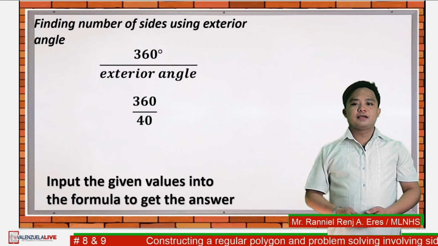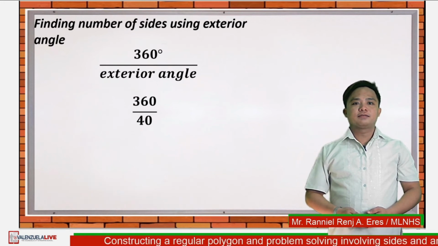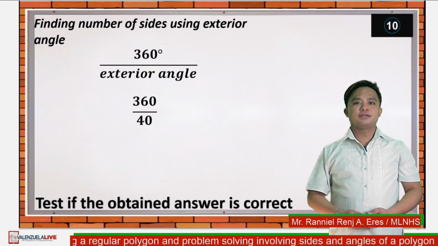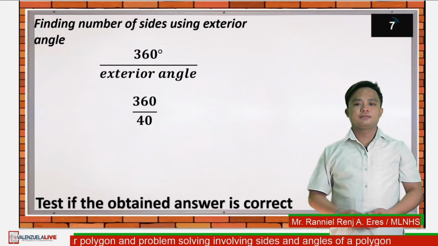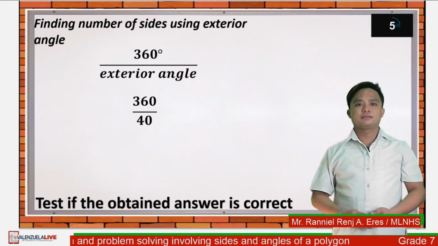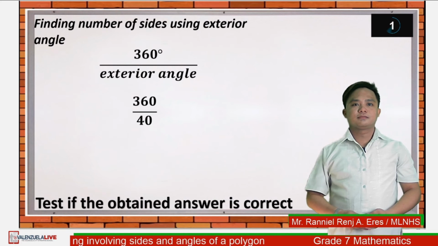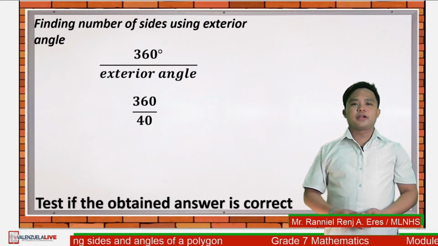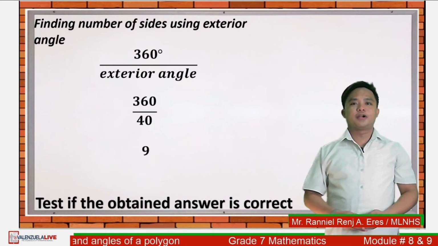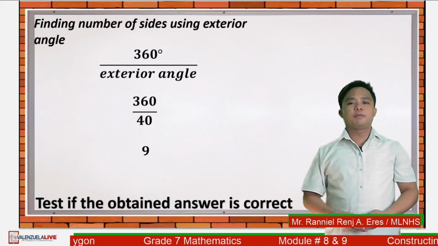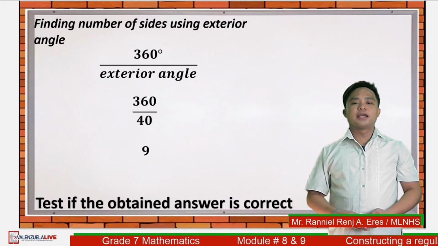And lastly, if we try to simplify it, I will give you 10 seconds to answer. Okay, so the correct answer is 9. Therefore, the shape of the mirror that John will buy is a nonagon or 9-sided polygon.